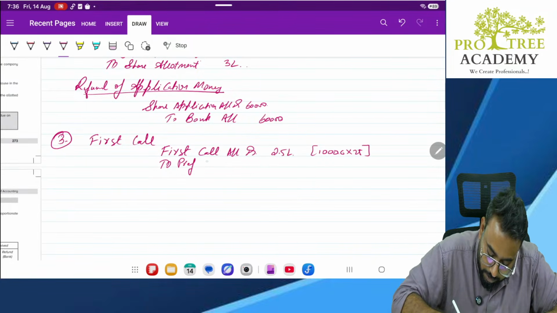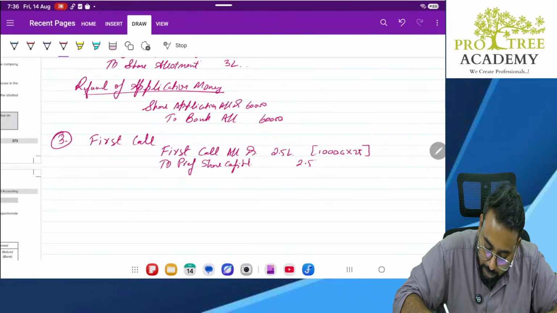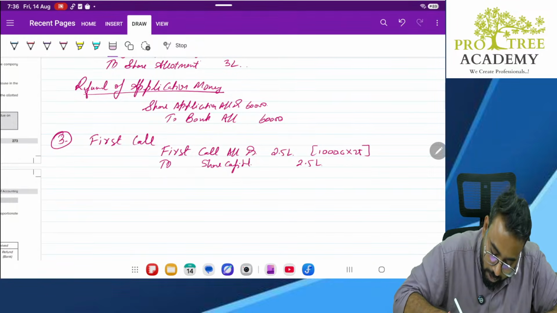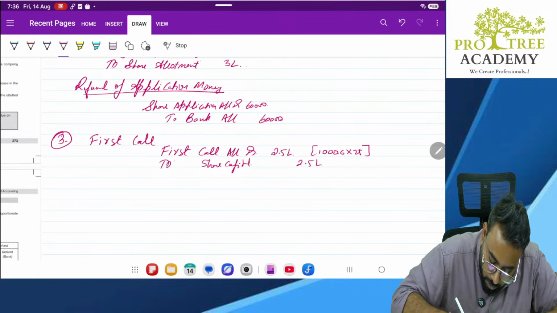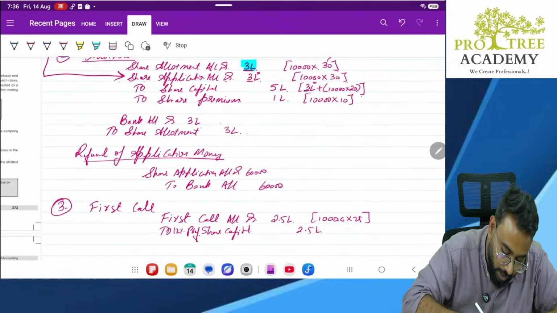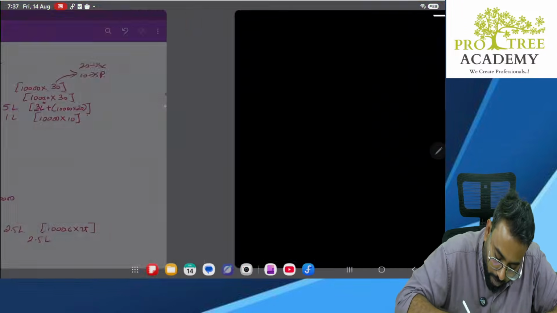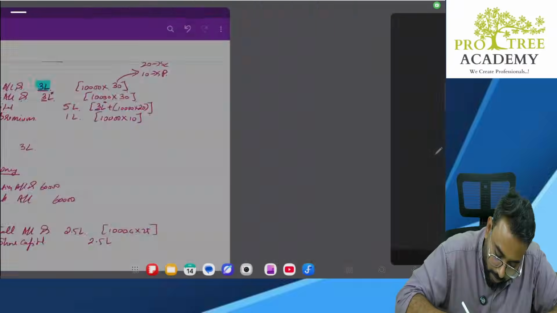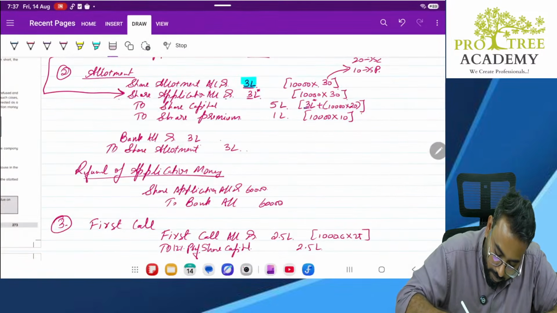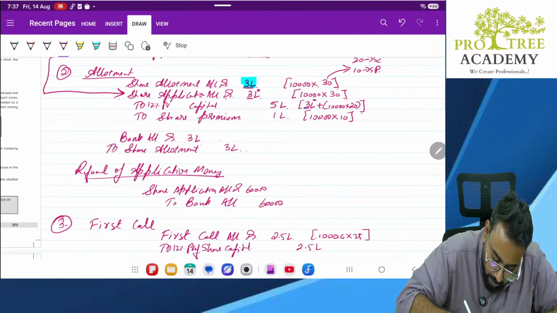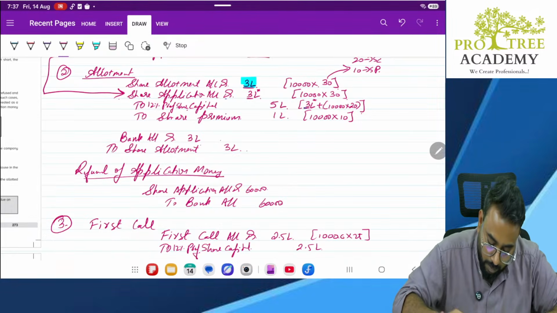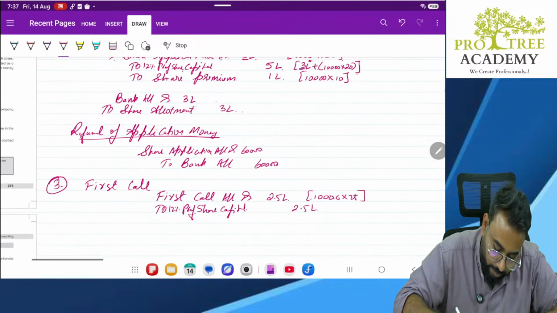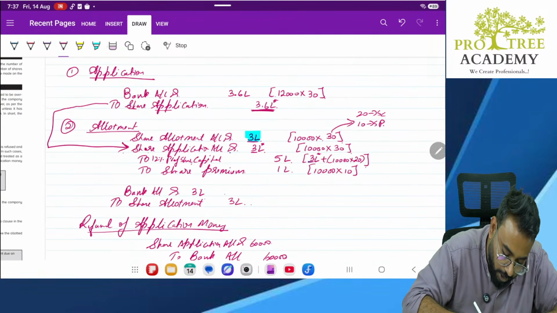To preference share capital 2.5 lakh. In fact, the right sentence to use here is 12% preference shares. Here also, everywhere it has to be included.